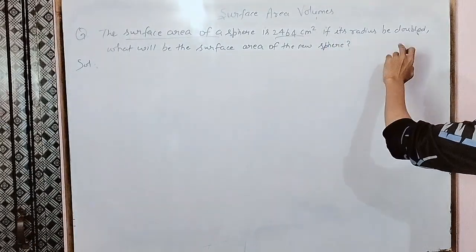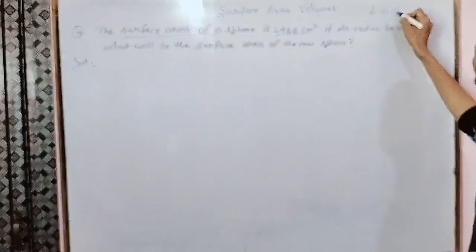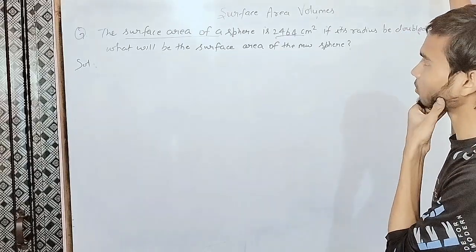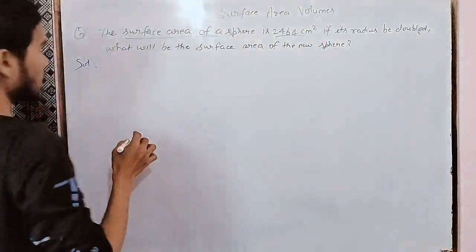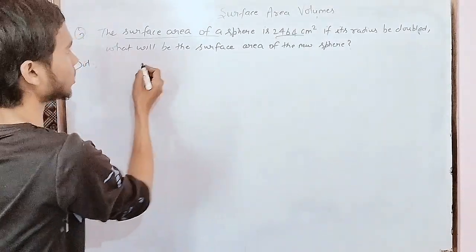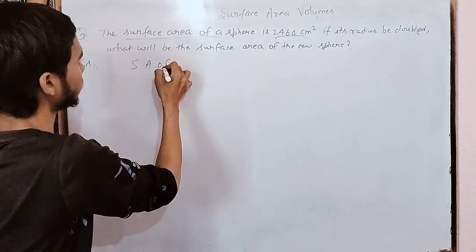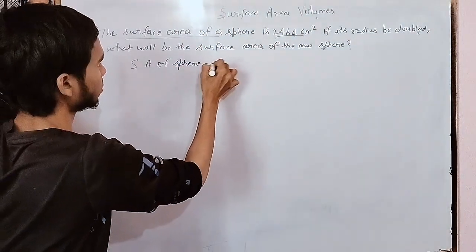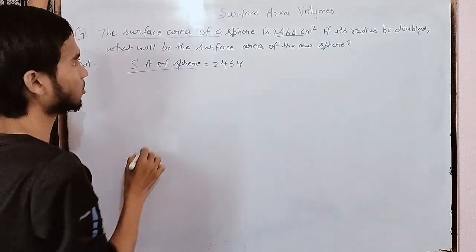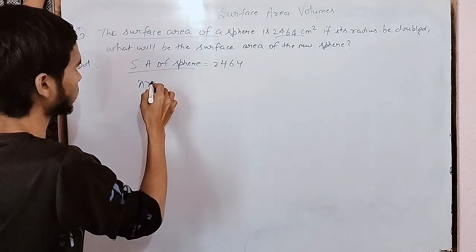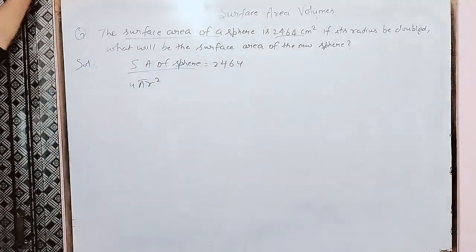If its radius is doubled, for example radius is 6, then double of this would be 12. So if radius is doubled, what will be the surface area of the new sphere? First of all, whatever is given to us, we will write. Surface area of a sphere is given, and the formula for this would be 4 pi r square.